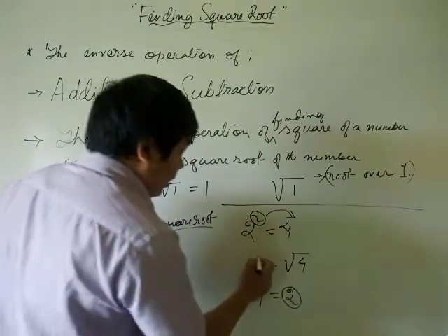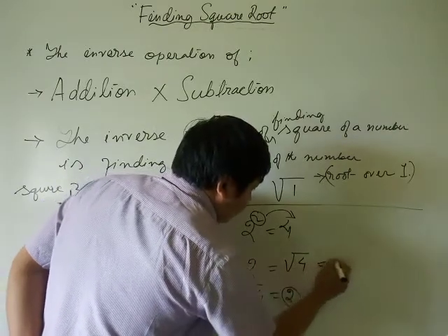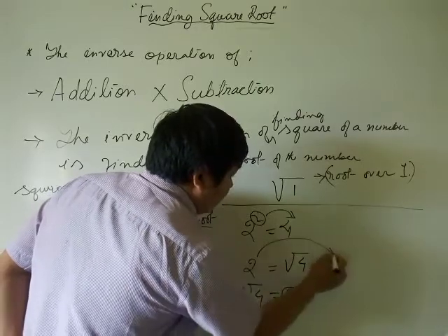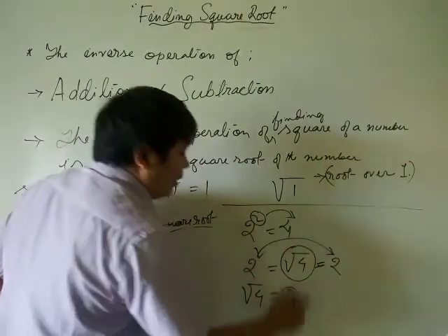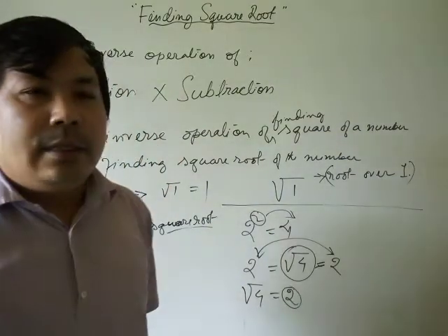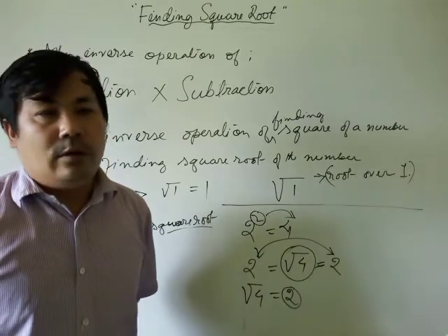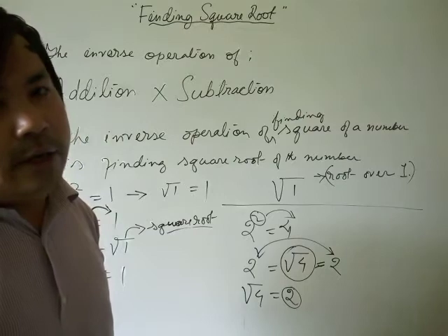So my dear student, this is 2 only. It has the same value here, you see. Finding the square of a number is the inverse operation of finding the square root.